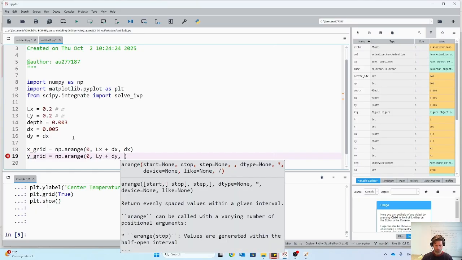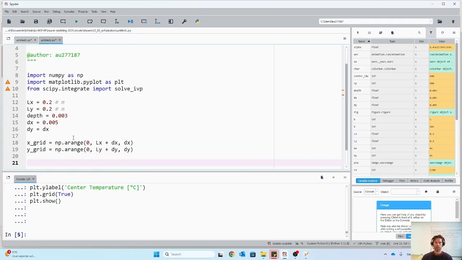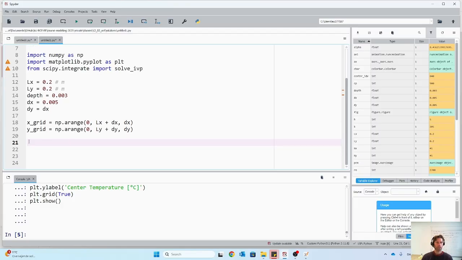Like this. So the aluminum plate is the same temperature as the room temperature to start with. So we have to define the room temperature, which is the air temperature in the room. That would be 20 degrees.